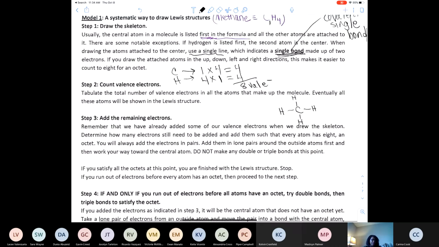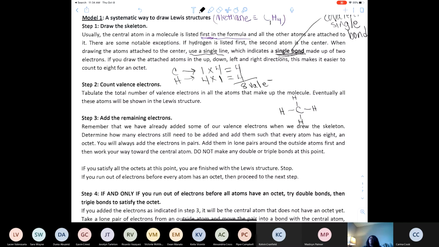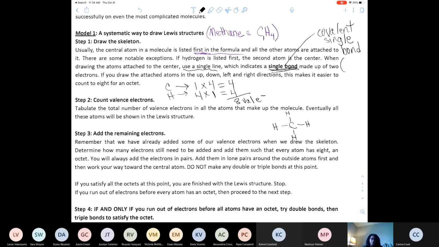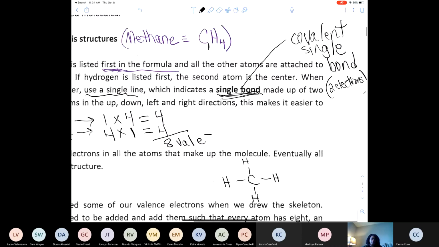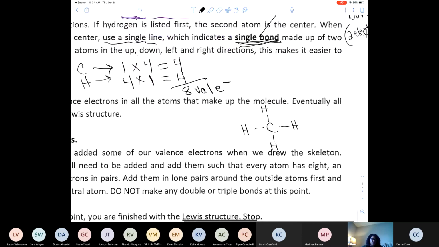So now we count how many electrons we've put into our Lewis structure. Each of these single bonds represents 2 electrons. So that's 2, 4, 6, 8. So we've added the 8 required valence electrons.